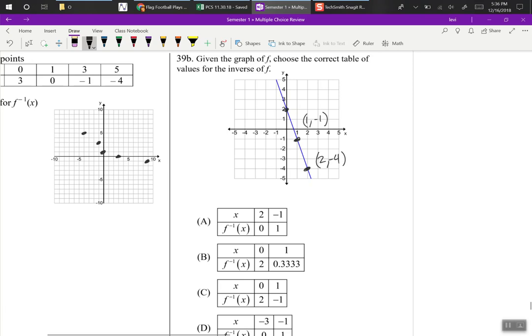We've got a point here at 0, 2. And we've got a point here at -1, 5. So we're going to have inverse points of 5, -1, 2, 0, -1, 1, and -4, 2.